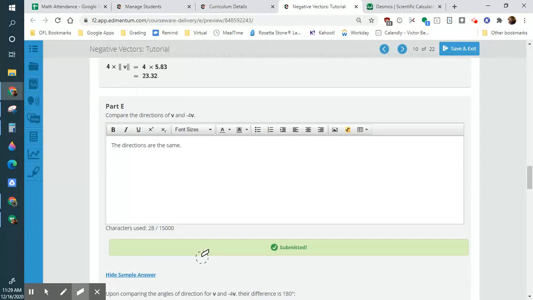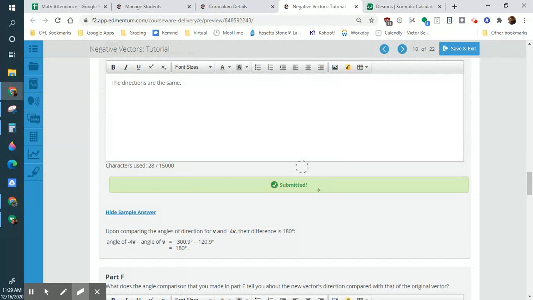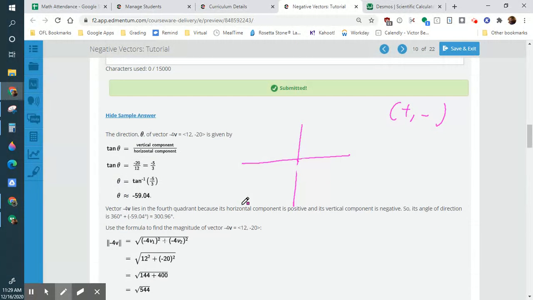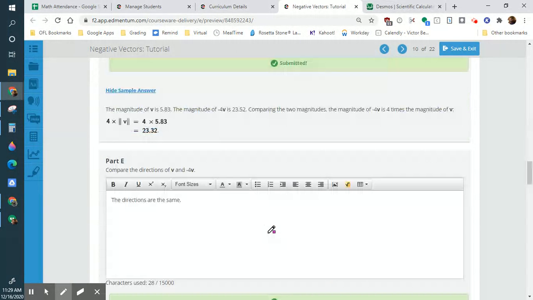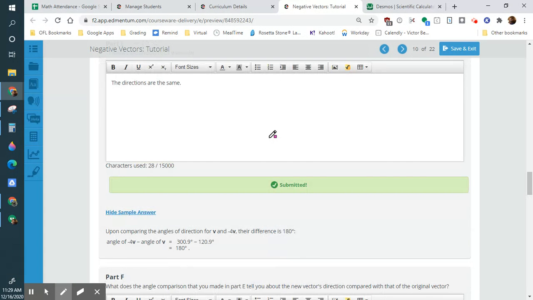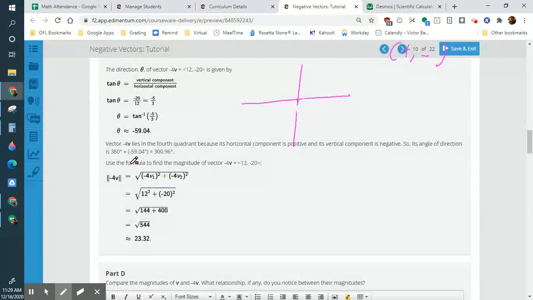What they're basically saying is if we do all of that work, which honestly doesn't make any sense because they didn't have a solve for it over here, if we do the work and compare it, we'll find that because it's negative, they're in the exact opposite directions, which is what I was initially going to put, but based on how they're answering their questions, it's very weird.